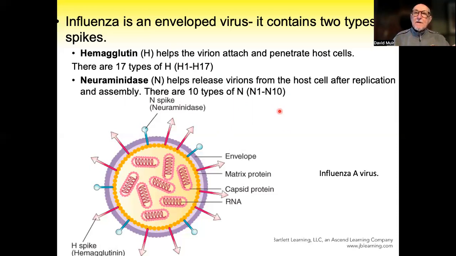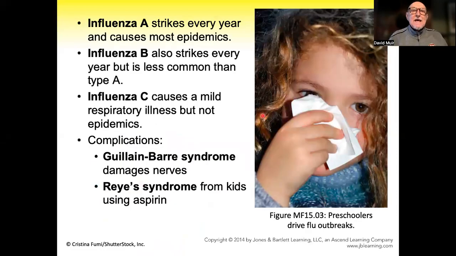You'll notice here it says influenza A virus. There are actually 3 species of influenza virus. Influenza A is by far the most important one. This is the one that we see every year circulating through human populations, and it causes human beings the most problems.